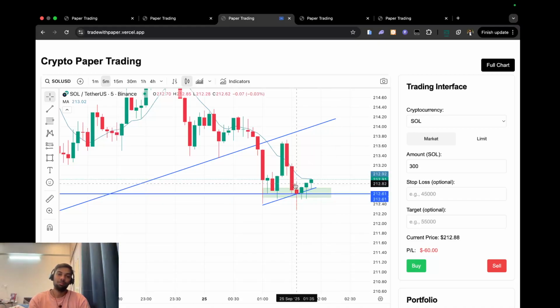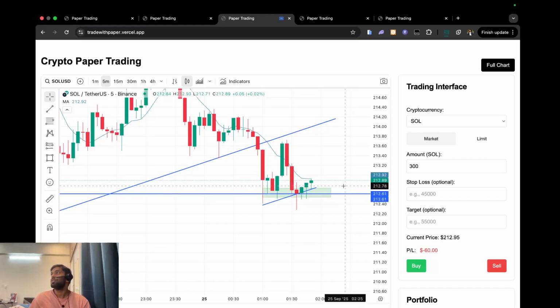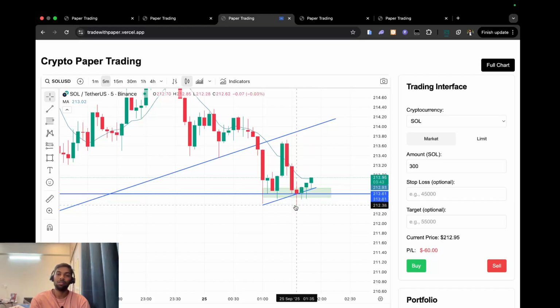There are small buyers accumulating over here and taking my stop losses again and again. This might end up in a big green candle, guys, because there are so many stop losses of sellers.